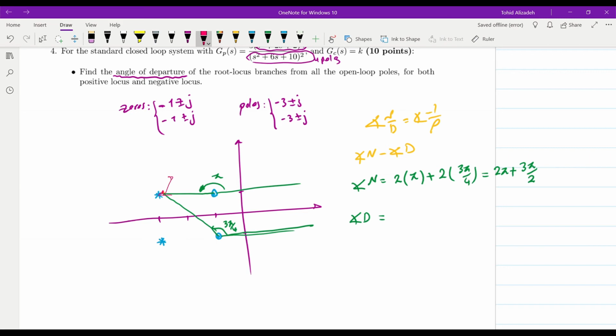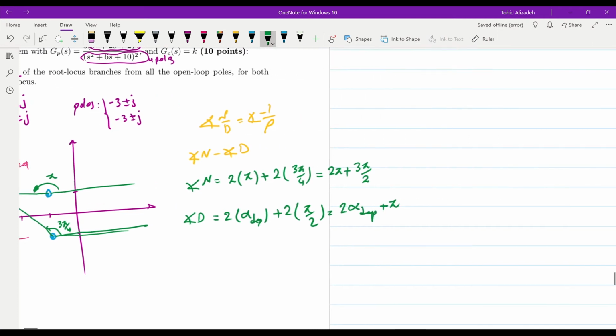So we'll have 2 times alpha departure here, and there will be pi over 2 here, and we'll have 2 times that, so 2 times alpha departure plus 2 times pi over 2.